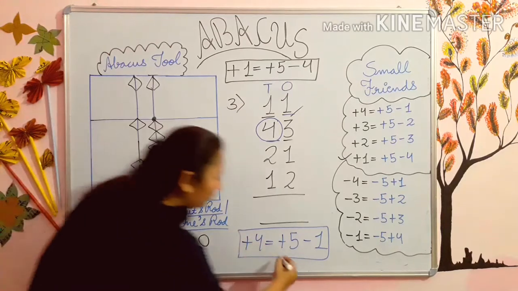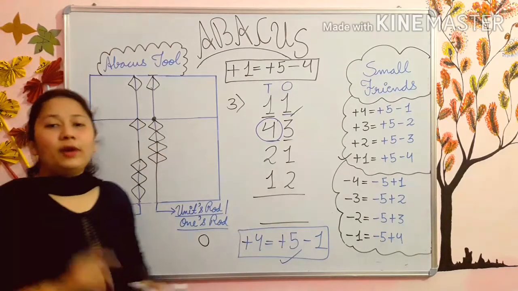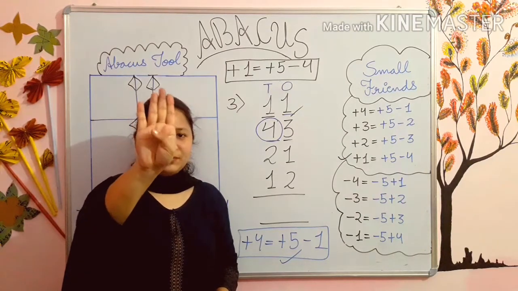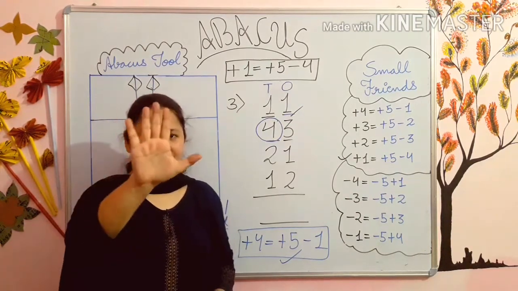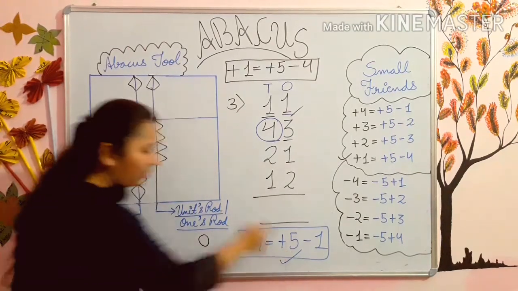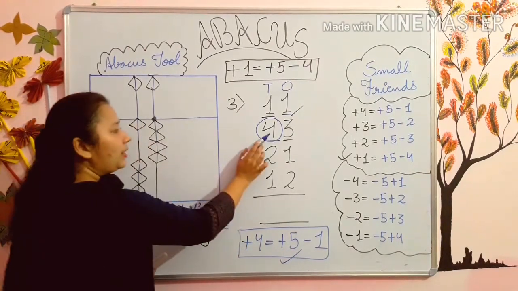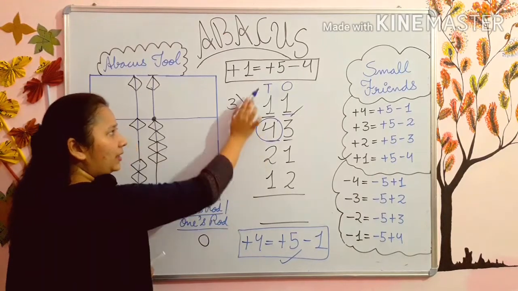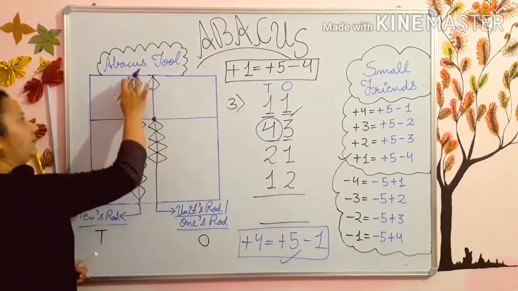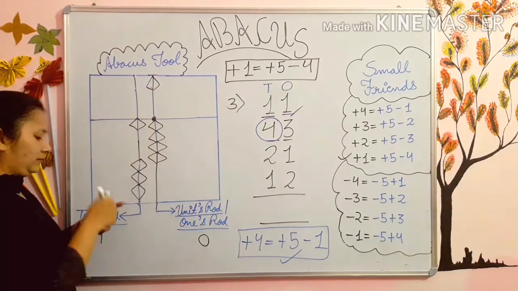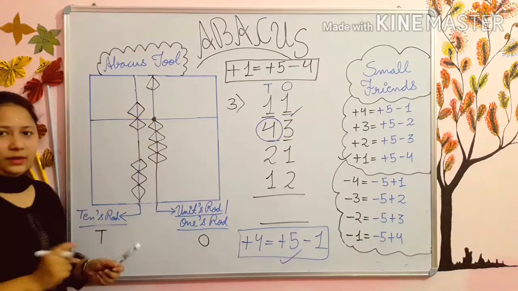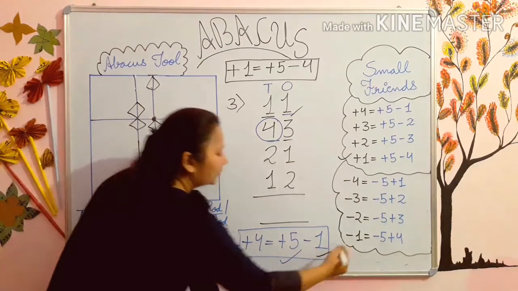So first of all you have to add 5. For adding 4, what you have to do? Add 5 minus 1. So first of all add 5. Now you have to apply this 4 in tens rod. So here you will first of all add 5. Added. Now minus 1.